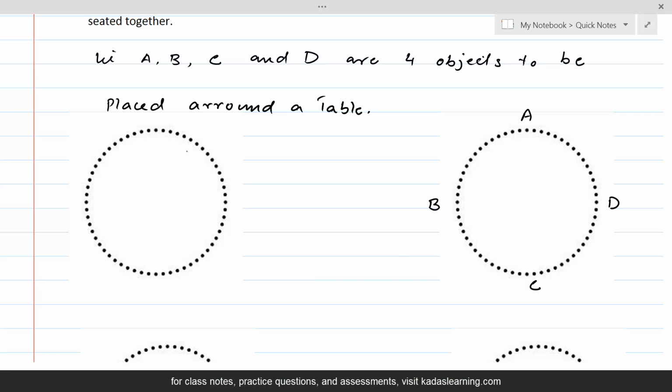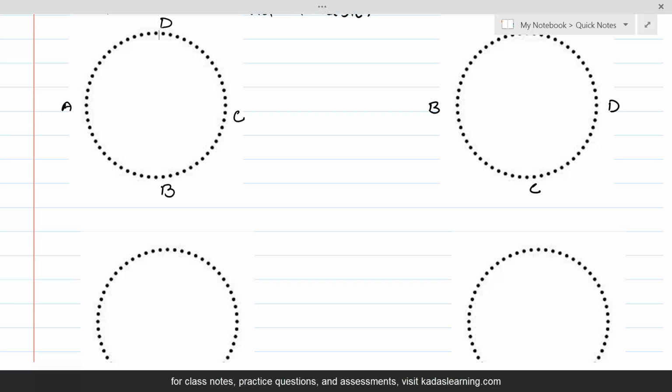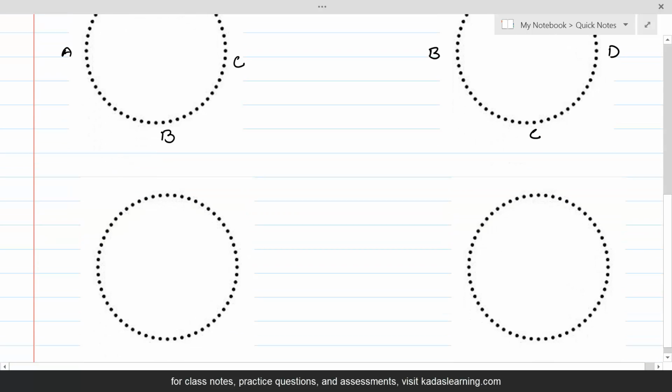But if we change the position of A in such a way that A is here, B is here, C is here, and D is here, although A has moved one place toward left, but relative position of A, B, C didn't change. So we cannot say definitely that it's a new permutation. It's similar arrangement because the relative position is still the same.